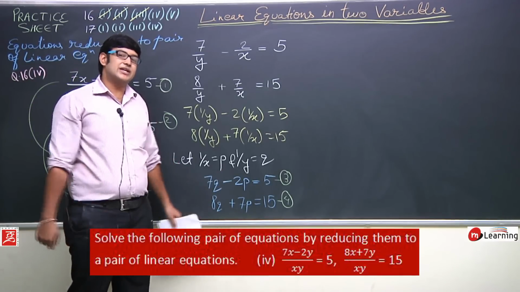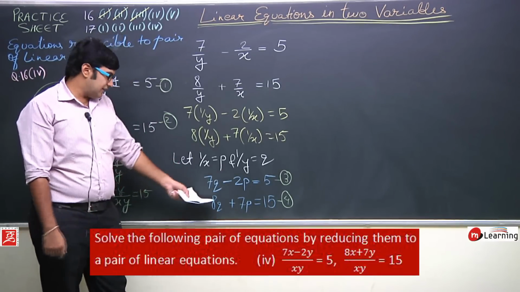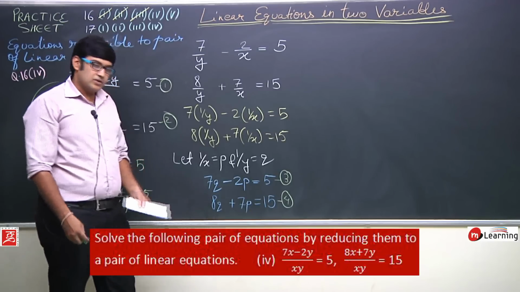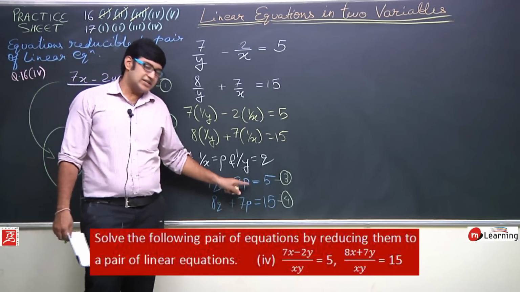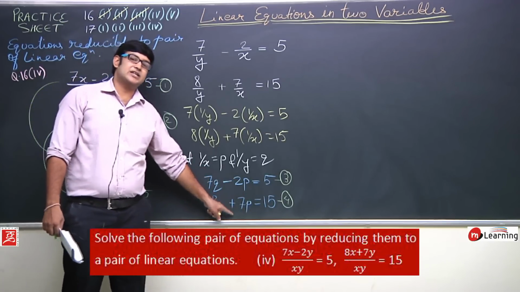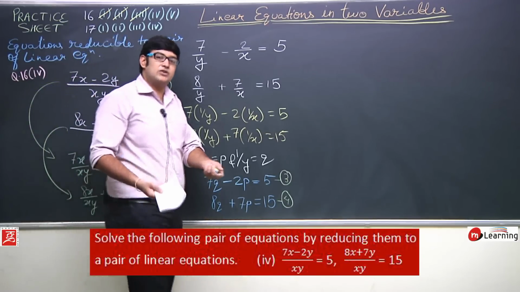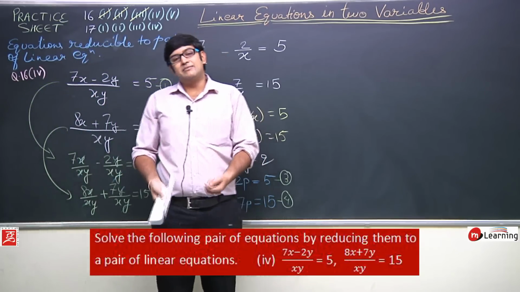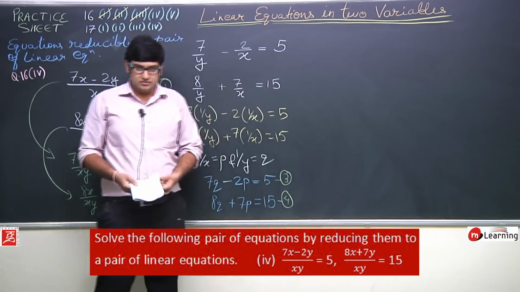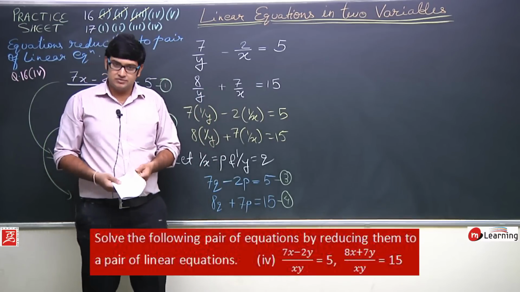You can again use any method, and we can see that here too, the coefficient of p is minus in one place and plus in the other. So let us use the elimination method, any method you can use. I feel that the elimination method is the most convenient, so I am going to use it.